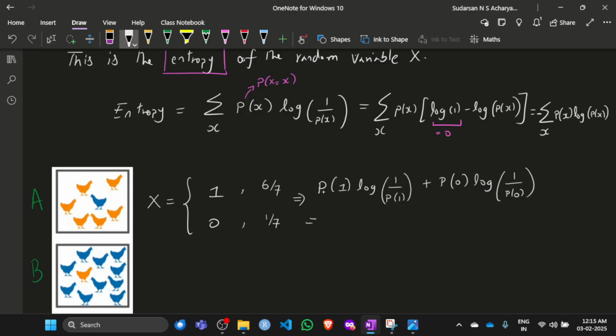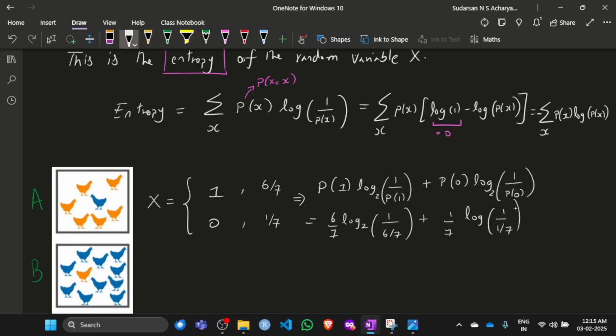So now what's the probability that you get an orange chicken? It's 6 over 7. As I said, we're going to make use of log base 2 for simplicity. So P of 1 is 6 over 7 here, and P of 0, the probability that you pick a blue chicken, is 1 over 7, times the log of 1 over 7.